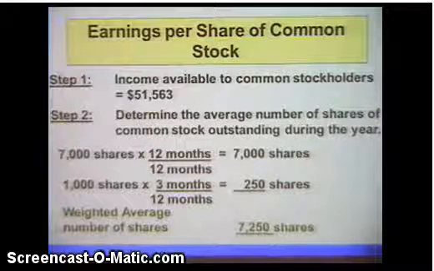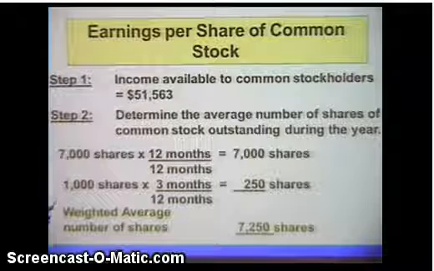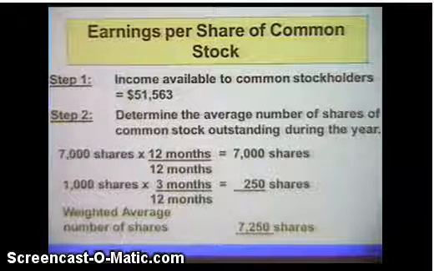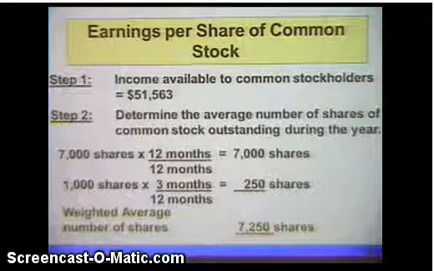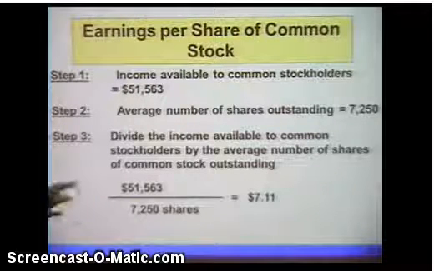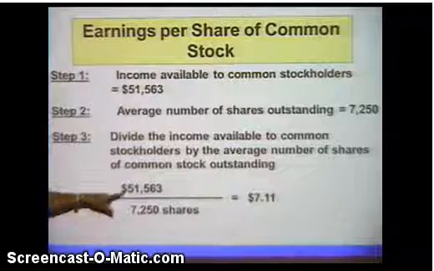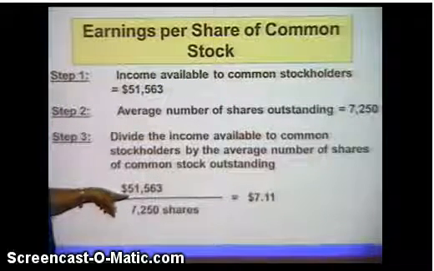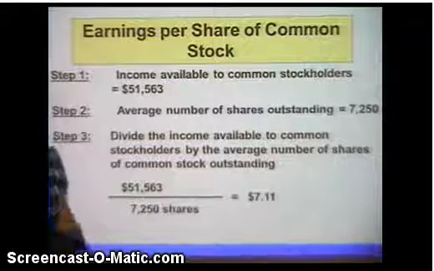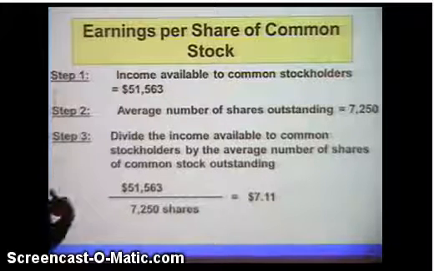It depends how long the shares have been active. We ended up with a total of 7,250 shares that were active. Everybody with me? And then we divide the active shares for that year into the income available, and we get how much each share of stock yields, the earnings per share.